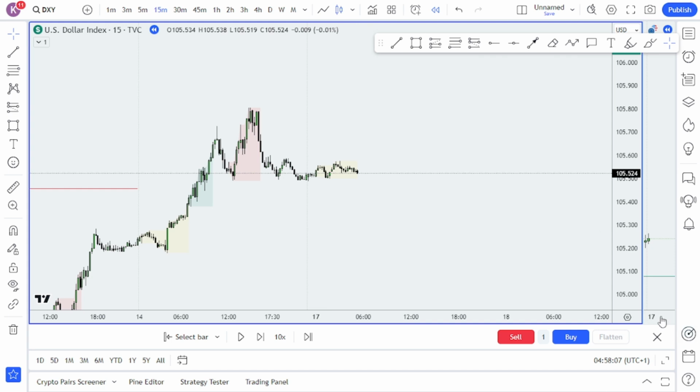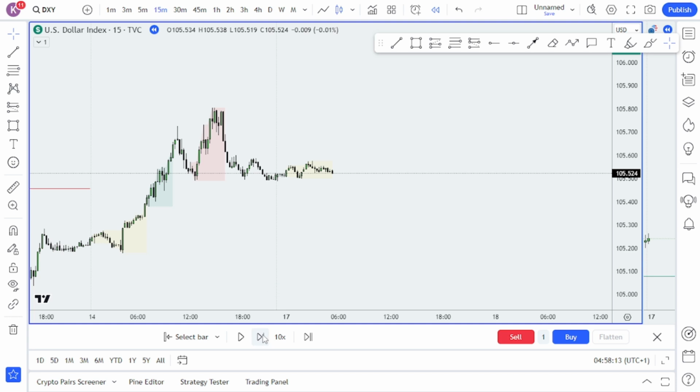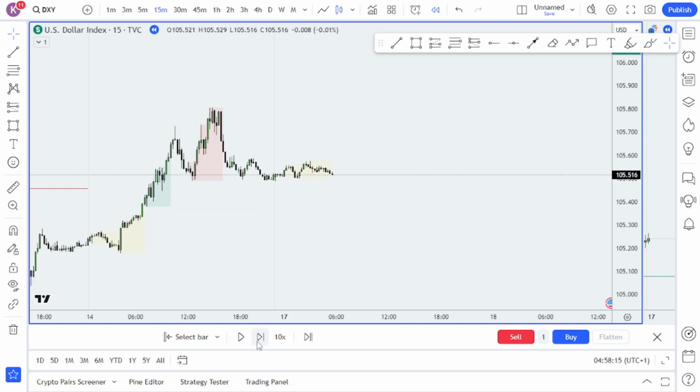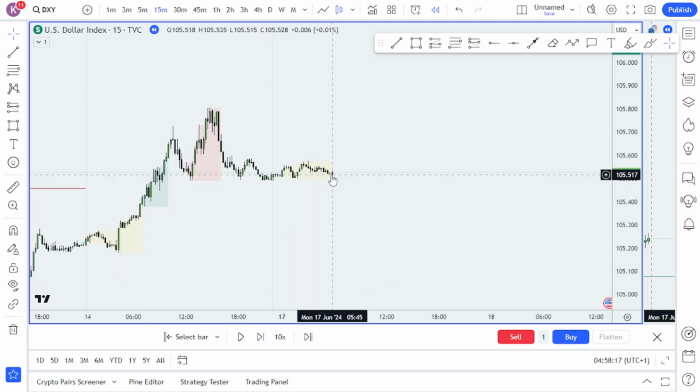I use UTC+1 because that's the time here. I come to the chart by 6:30 to see what the market is doing and where we're headed for the day. But I'm going to leave it here at 5:45.